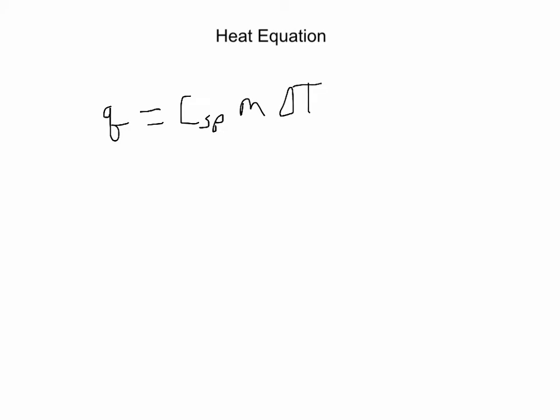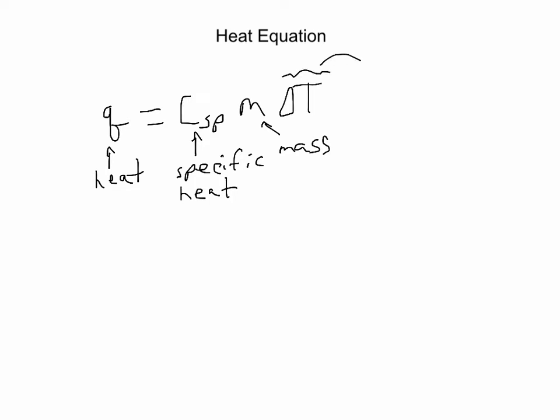What do these things mean? Well, Q is the heat, CSP is the specific heat, M is the mass, and delta T is the change in temperature.